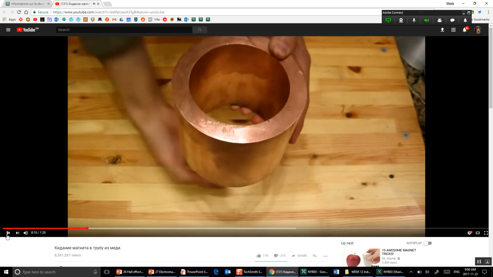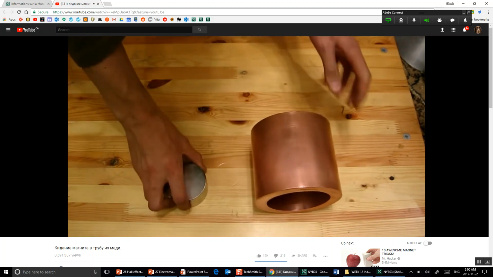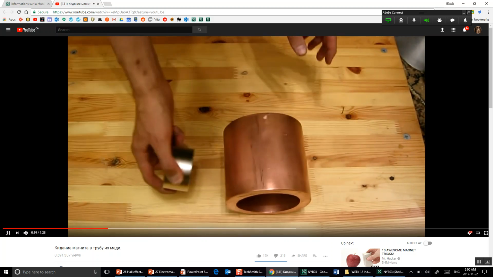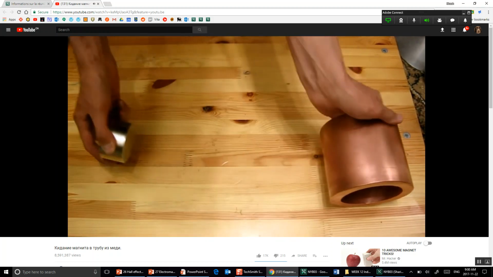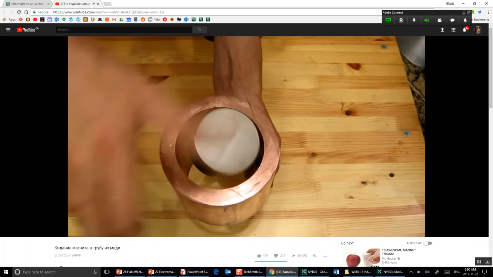This is impressive, right? Just because copper is not a magnetic metal, so it actually doesn't feel a magnetic force. But because of the change in magnetic field, it's feeling that change.